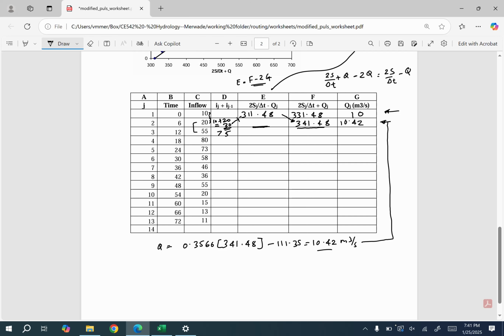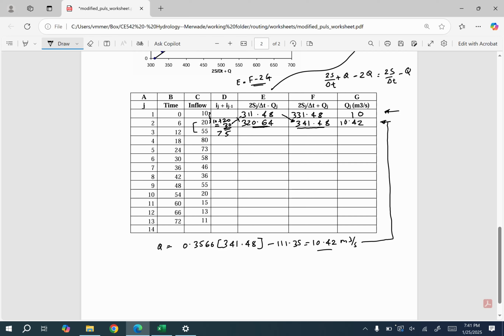That will give me 320.64. I'm using two decimals here, so depending on the number of decimals you have, you may get slightly different values, but that's okay.